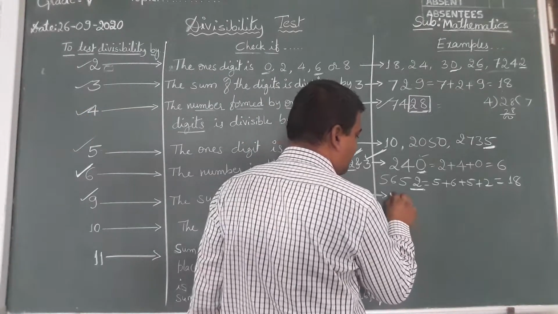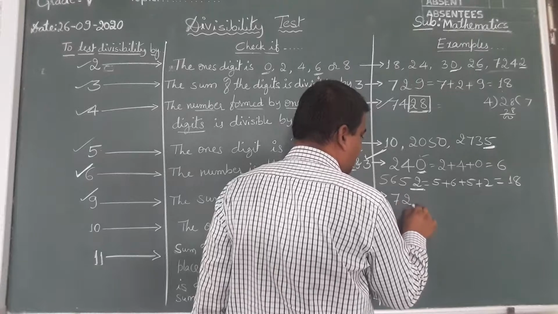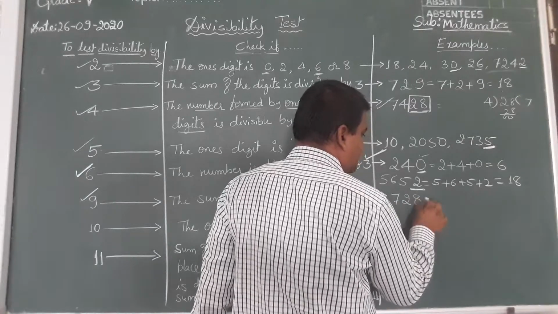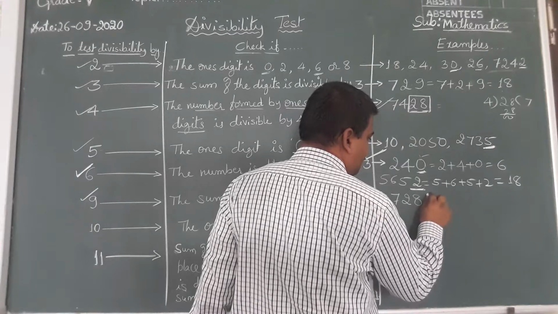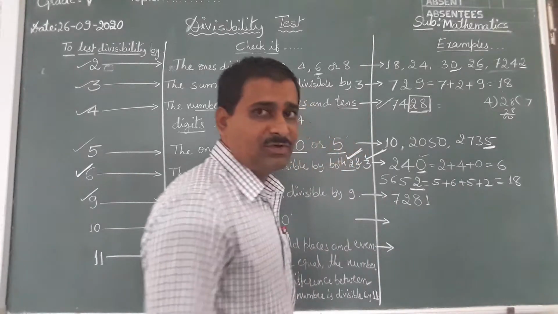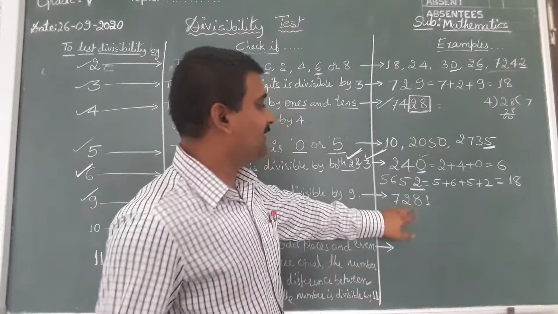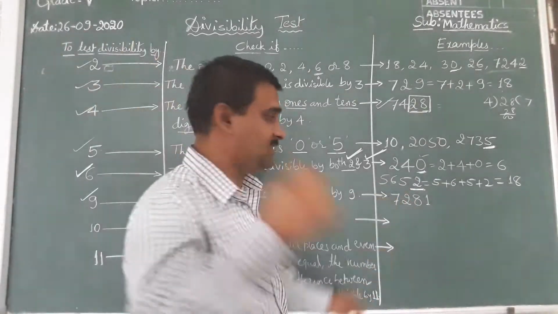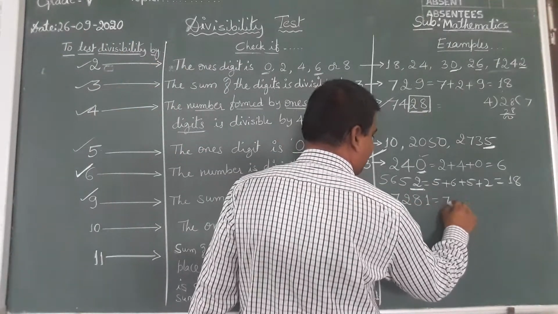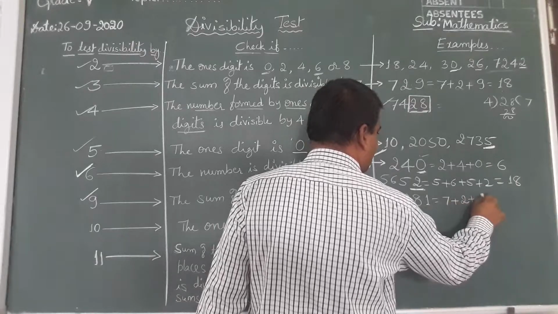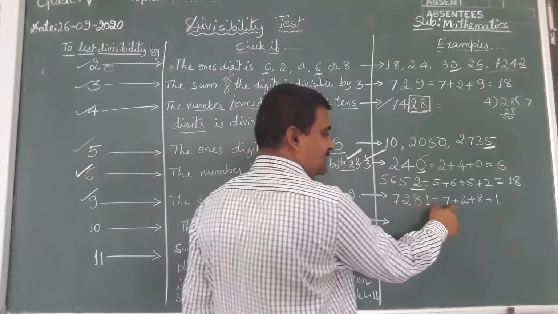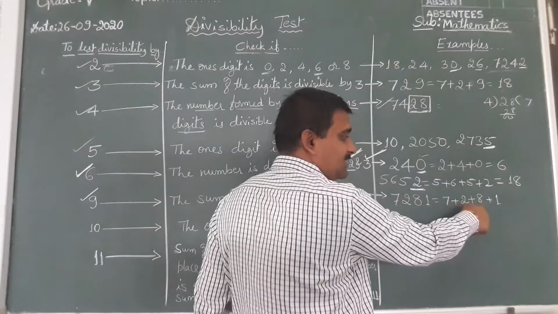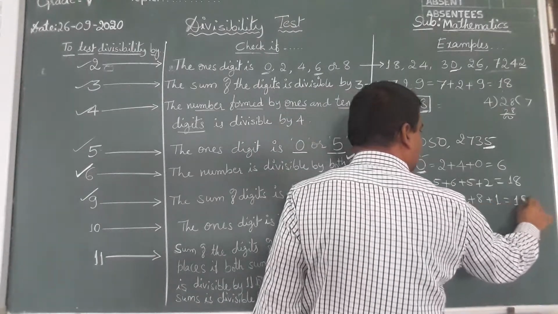Suppose for example 7,281. As I said, this rule and the divisibility of 3 are the same, means add these digits: 7 plus 2 plus 8 plus 1. 7 plus 2 is 9. 9 plus 8 is 17, plus 1 is 18.